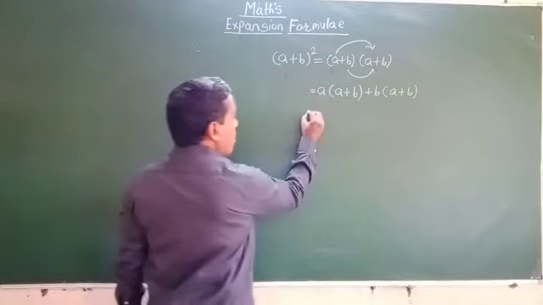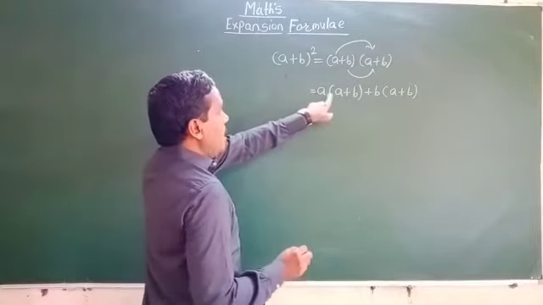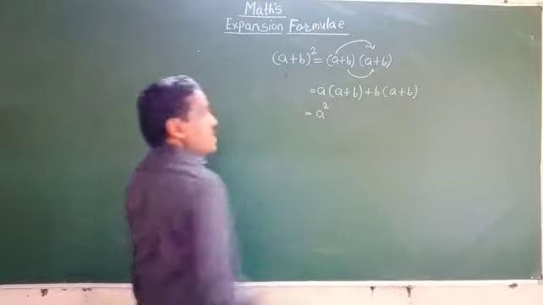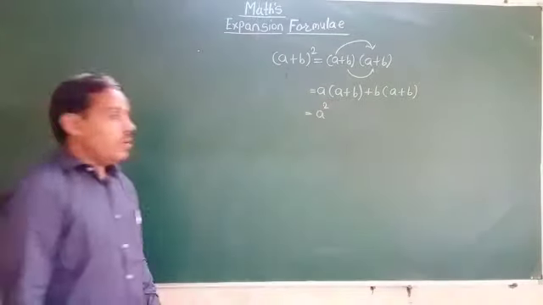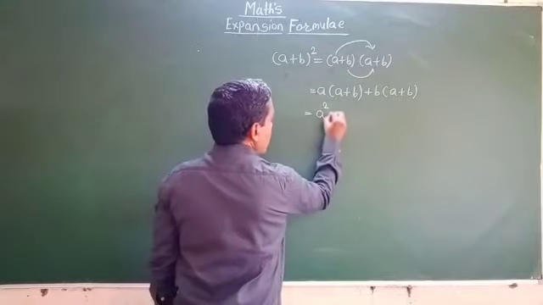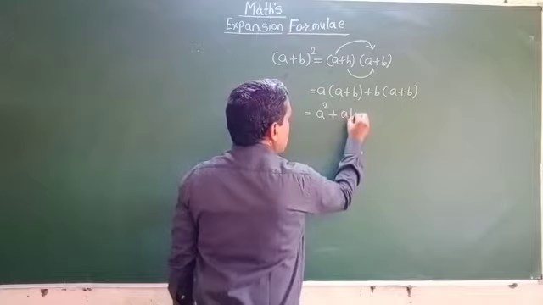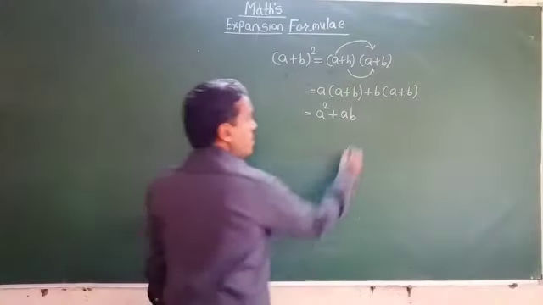The product of A into A is A square, plus A into B is AB.